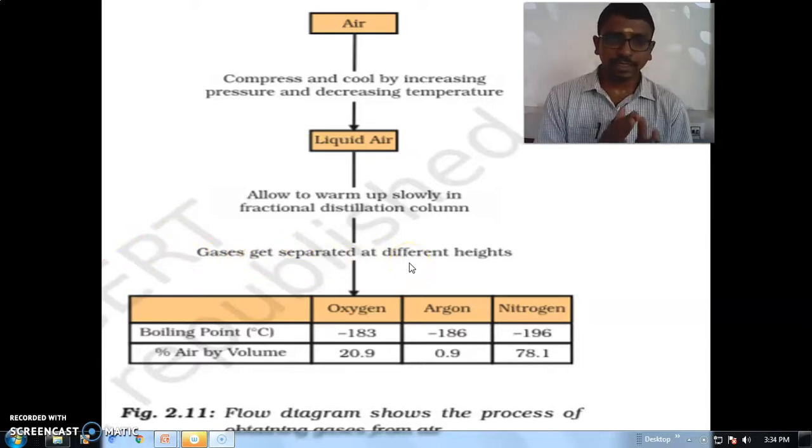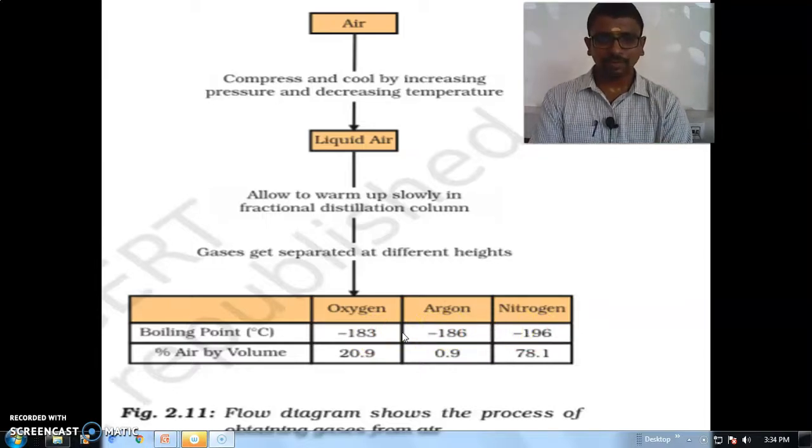So we can easily separate the gases. For example, the boiling point for oxygen is minus 183, argon is minus 186, and nitrogen is minus 196. So you can see the difference here. It is very small, so it will be separated with the help of fractional distillation.